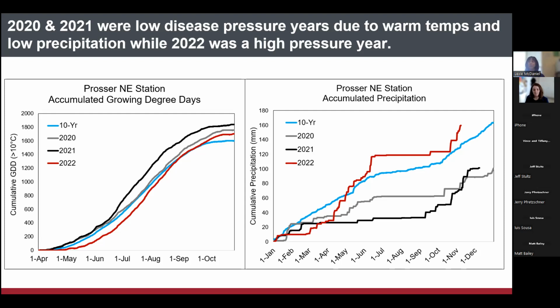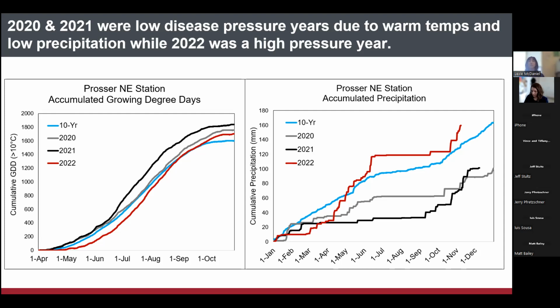And then if you come over to the cumulative precipitation, that red is 2022, and you can see it just jumps up. We had a lot of precipitation. So that led 2022 to be a really high disease pressure year. And then if we go back and look at those black and gray lines, those are 2020 and 2021, the flat lines indicate that there was no cumulative precipitation.